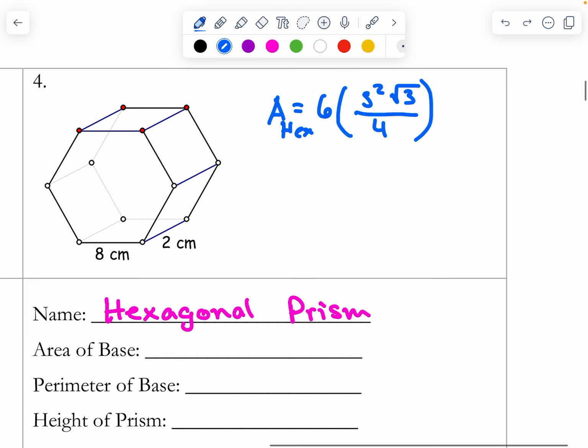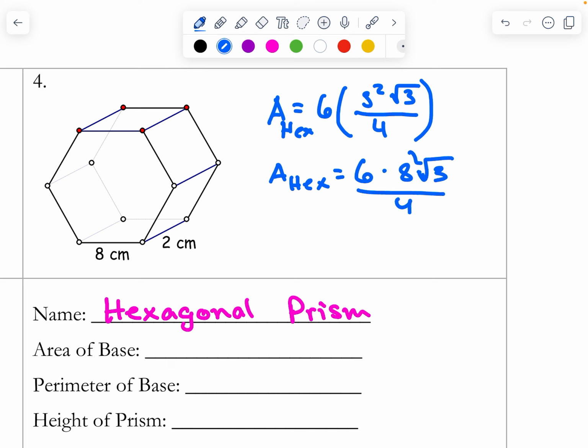I'm thinking ahead, and this is what I get for making my video 3 days in advance. The area of the base here, what we can end up doing is just the perimeter times the apothem. You know what? Let's just do it this way. It's going to give us the same answer. 8 squared root 3 over 4. Sorry for getting off track, but this happens all the time.